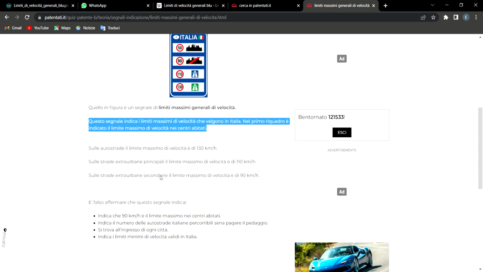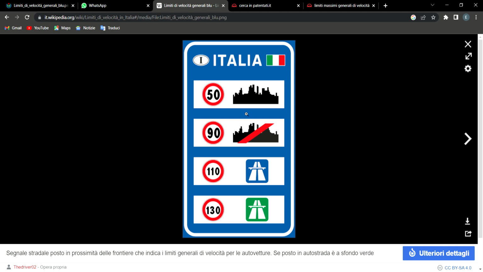It says: nel primo quadro è indicato il limite massimo di velocità nei centri abitati. So it's simply saying that this first road that has the maximum kilometer of 50 is known as the centro abitati.